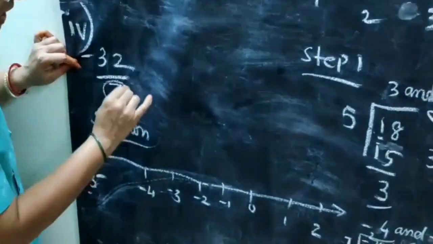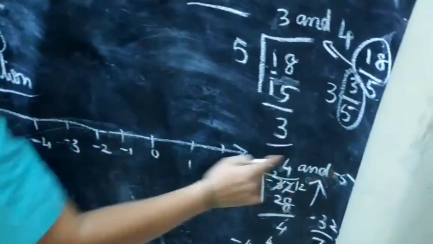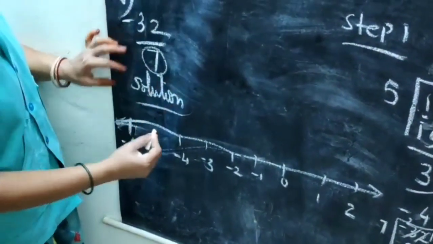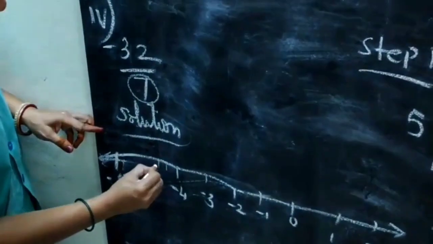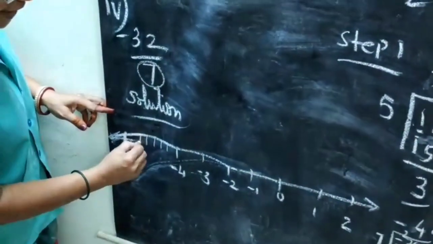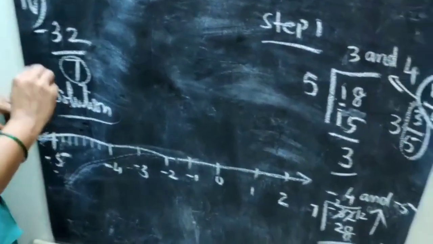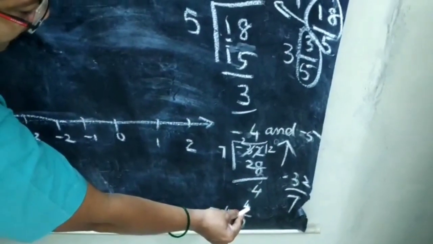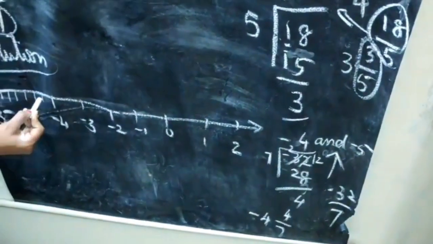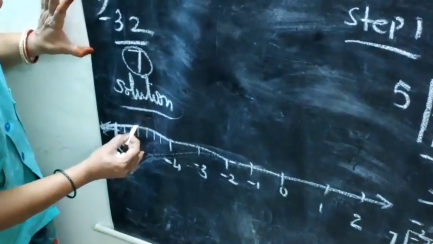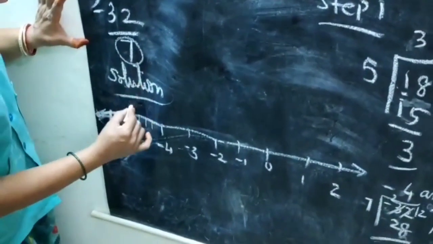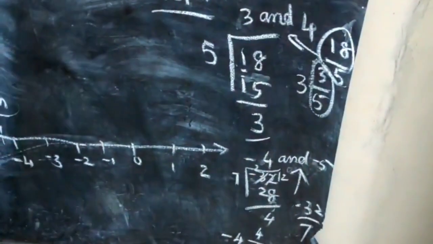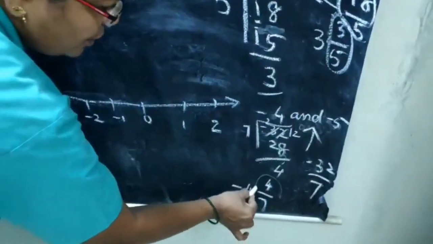Between minus 4 and minus 5, how many lines must we draw? 6 lines, since 7 parts reduces by one: 1, 2, 3, 4, 5, 6. Now see the answer: 4 by 7, numerator 4, so the fourth line. Mark the fourth line and write the question, minus 32 by 7 only. Do not write minus 4, 4 by 7; it is only for identification using the fraction.